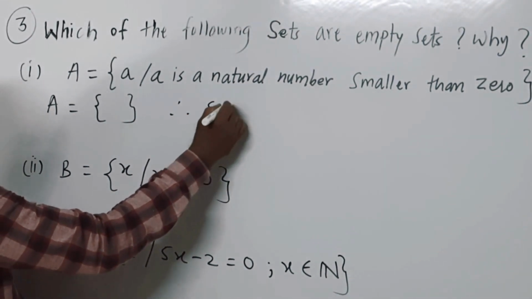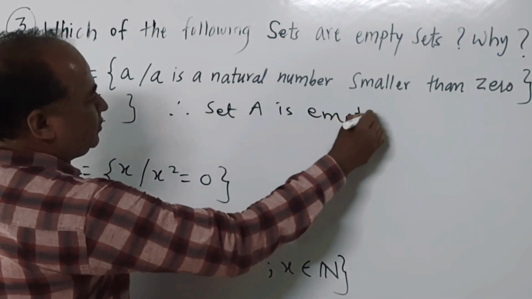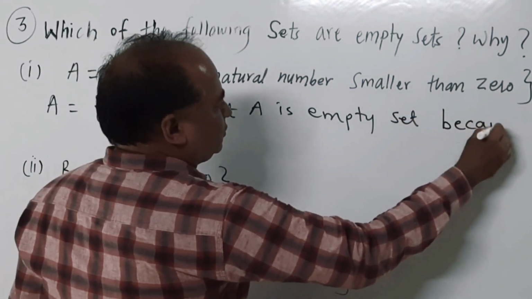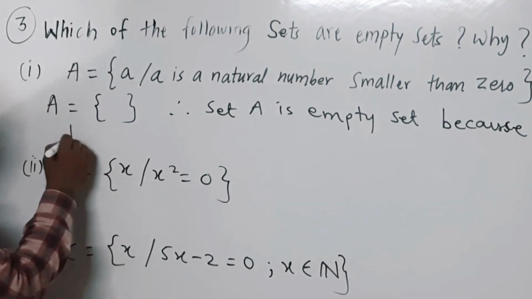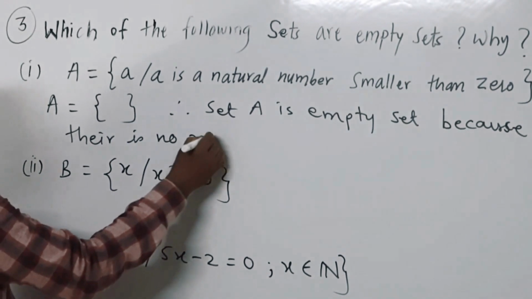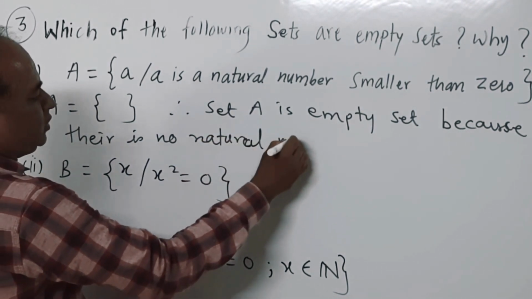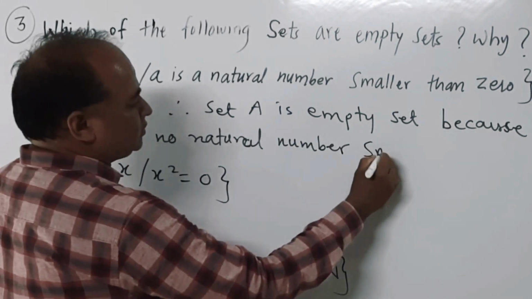Therefore, set A is an empty set because there is no natural number smaller than 0.